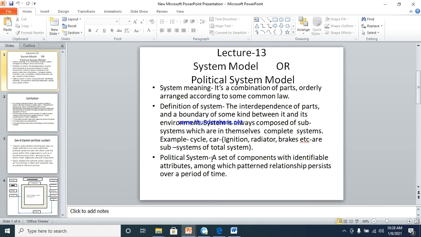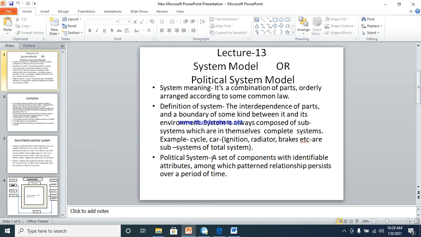First of all, we will see the meaning of a system. System means a combination of parts.